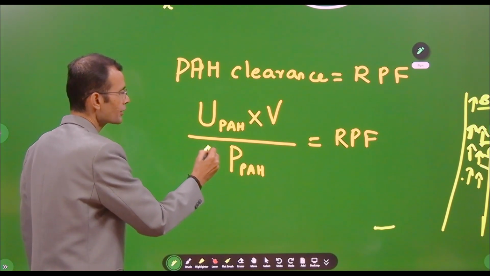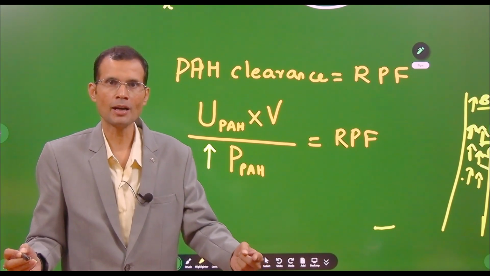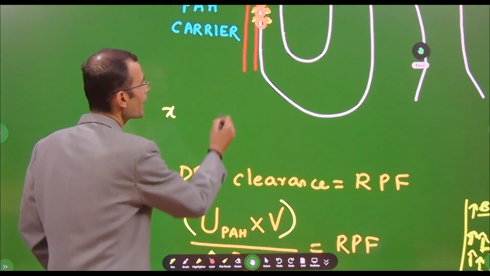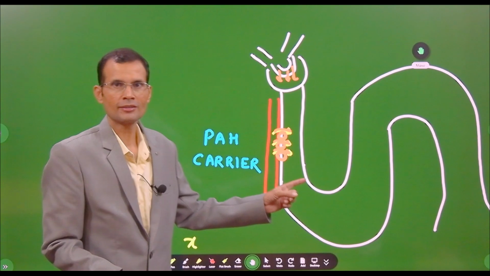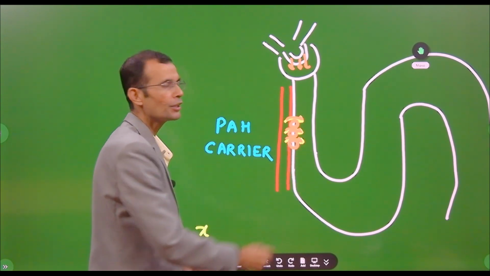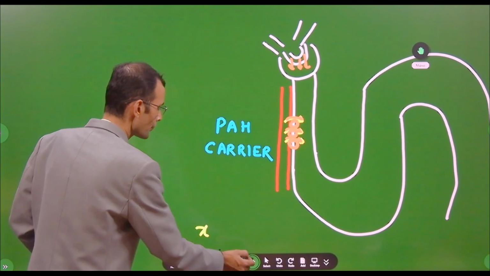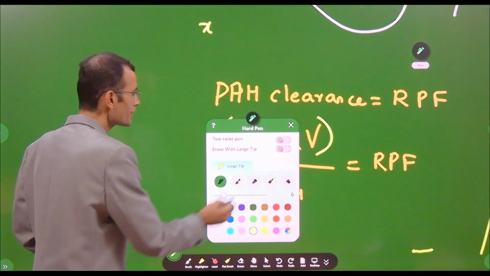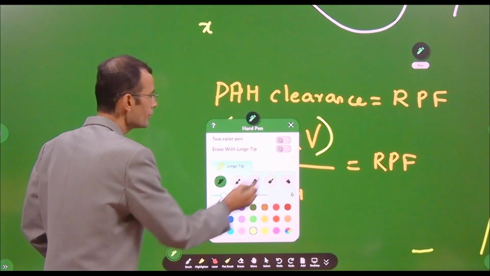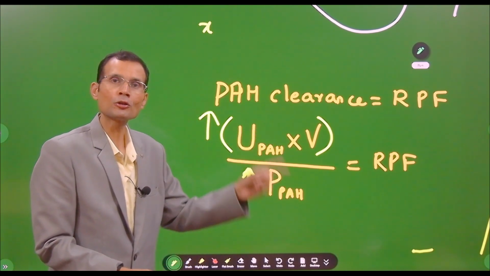Its plasma concentration will increase because you have injected the PAH into the blood, and therefore more and more PAH will bind to these carriers, and more will come by secretion into the urine. Still, all the 100% is coming into the urine in a single pass. So when you gave twice the recommended dose, its plasma concentration increased, and therefore its urinary excretion rate also increases.